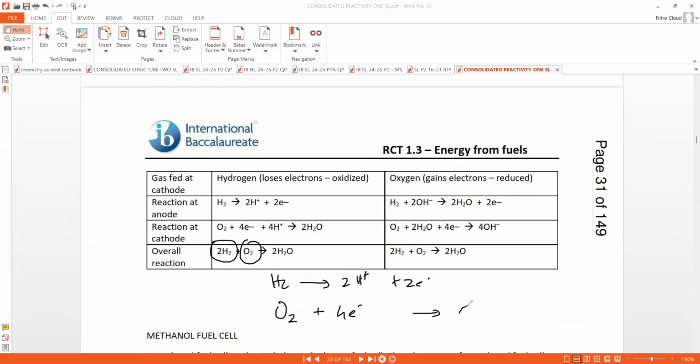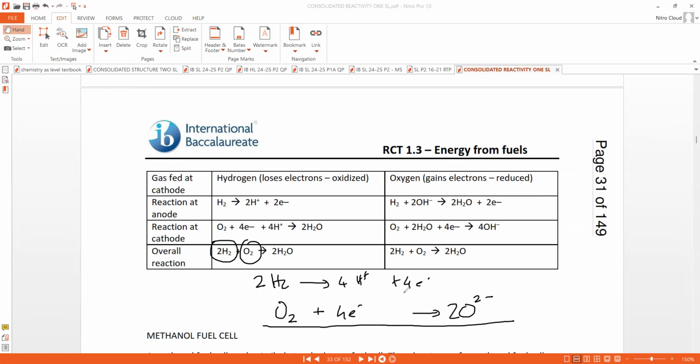So that gives me 2 O2 minus. This is what I get. But if I have to balance the overall equation, then I need to equalize the electrons. So this is 2, this is 4. So I need to multiply this by 2. So this becomes 4 H plus and this becomes 4 electrons. Okay.